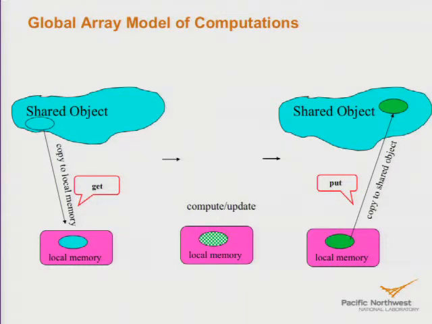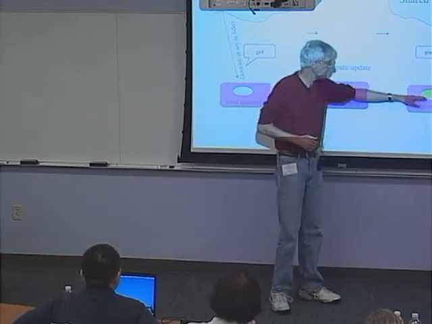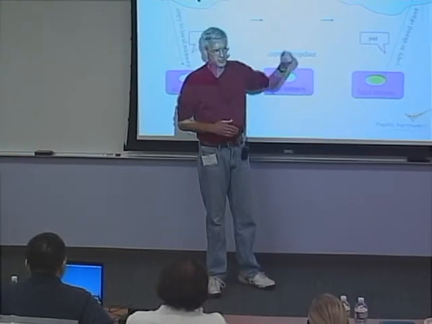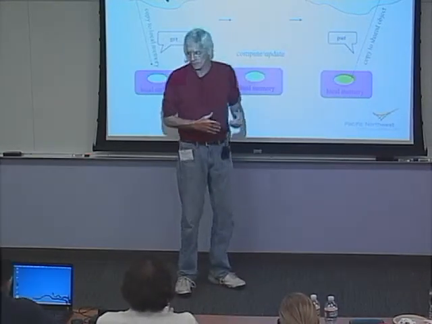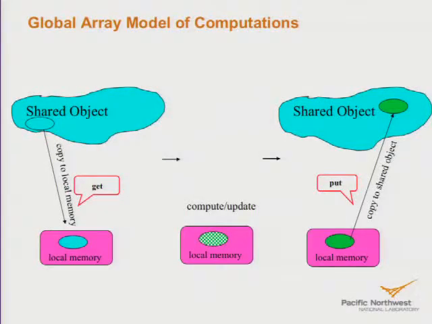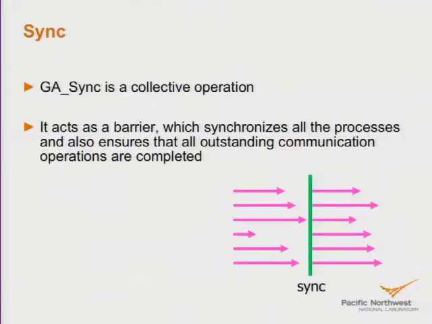You grab pieces of this and copy them into local buffers. You do something to it. And after you're done with it, you'll copy it back into either the same or a different shared object, usually a different place. And so there's this cycle of copying data to local buffers, doing something to it, and copying it back to another shared object.